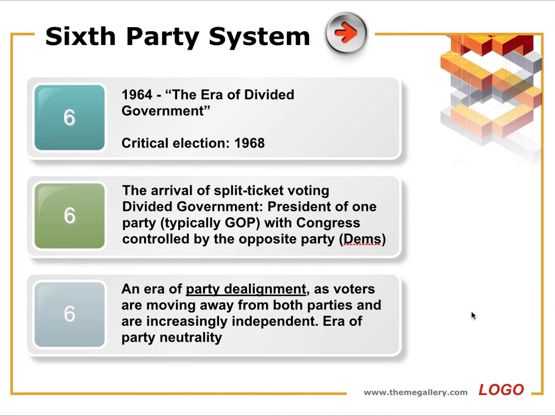And typically, presidents were Republican and Congress was Democratic. It was also the era of party de-alignment, in which voters move away from both parties and become increasingly independents. And so we see this as an era of party neutrality.